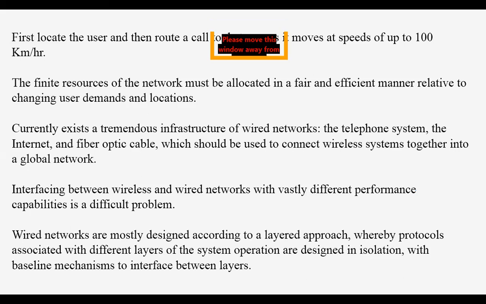Compatibility is very important in designing a wireless system. Interfacing between wireless and wired networks with vastly different performance capabilities is a difficult problem. Wireless networks are mostly designed according to the layered approach, so again we come to the layering structure.